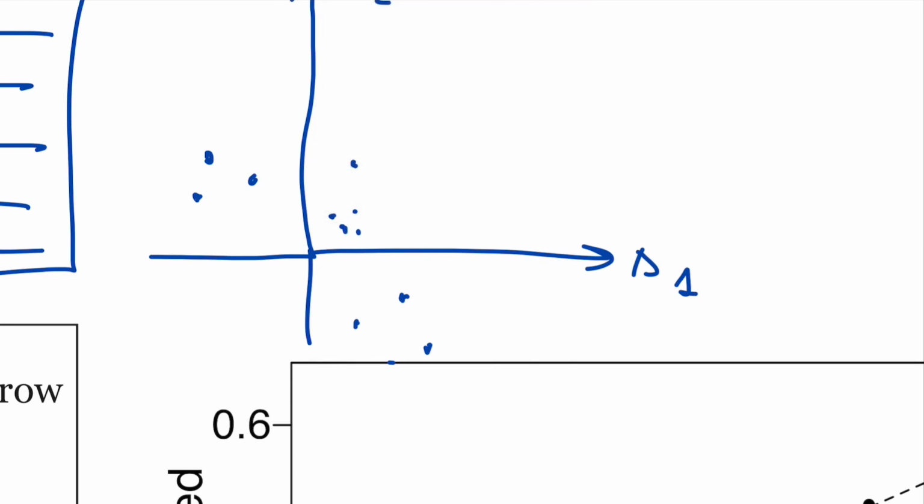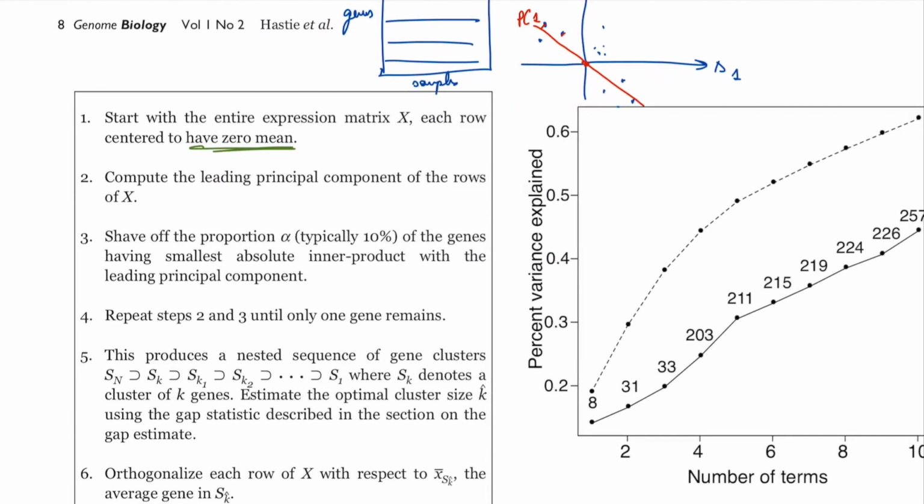Great. Now we compute the principal component. The principal component is going to be one line which passes through the center, and this line is selected such that if you take the variance of the projections across this axis, it is maximized. So you compute this principal component 1.